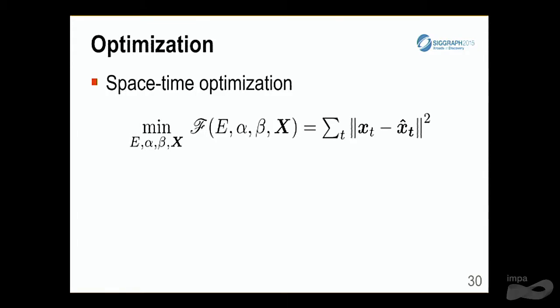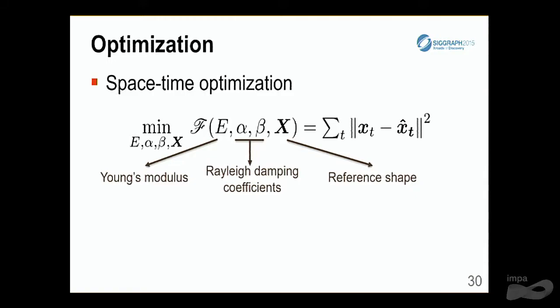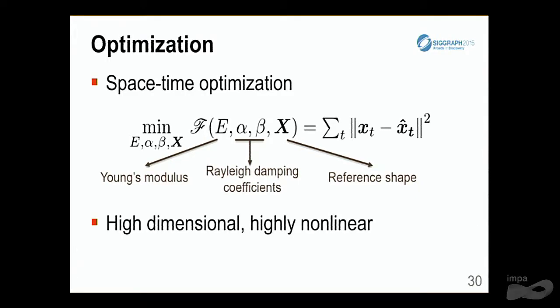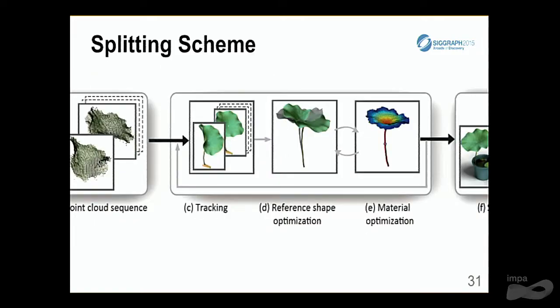And now we adjust these parameters so that x will be close to x hat. So the reference shape is one kind of variable, and the other guys are another kind of variable. This is high dimensional because of x mainly, unless it is also highly heterogeneous, and then E also will have lots of unknowns.